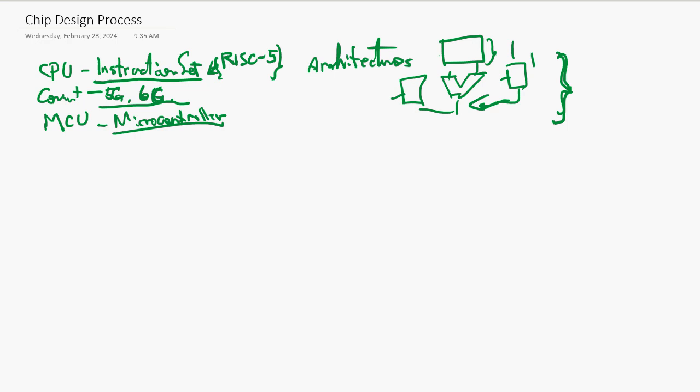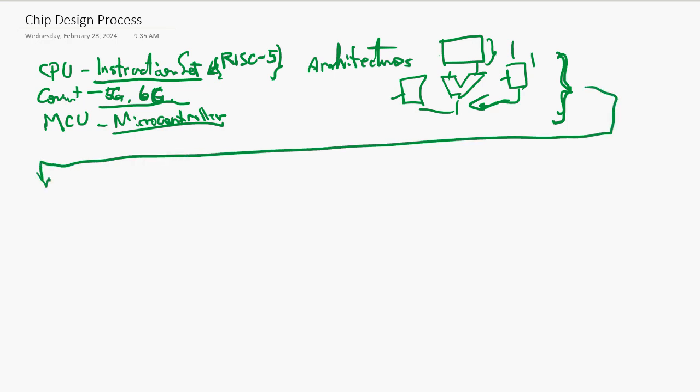And when the architecture is done, then you do logic design. And logic design, I already said in the previous video, everything can be designed with the logic component NOR or NAND.